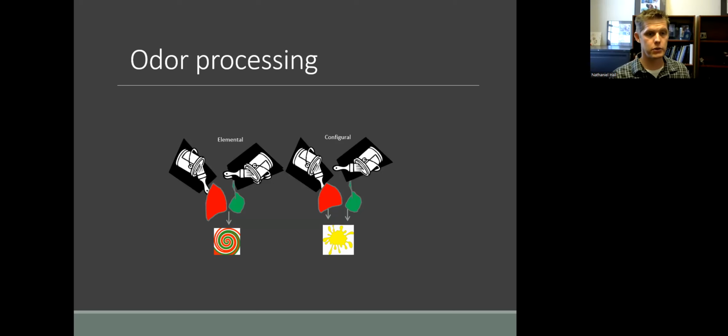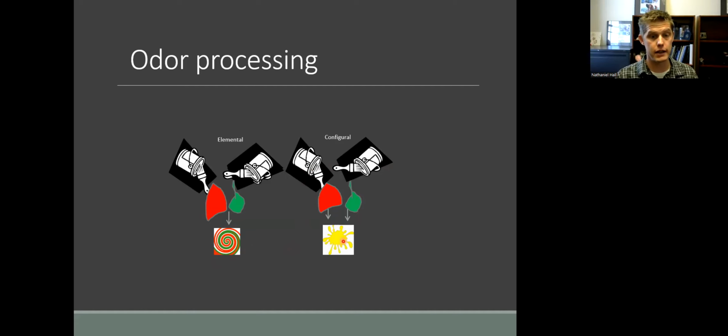Elemental would be like, for example, I took this red color and this green color, and then I swirl them together and it produces this kind of red-green swirl where I can still detect the individual components of the red and the green. When I look at it, I see red and green. Whereas in the configural scenario, I mix the red and green and it produces yellow.